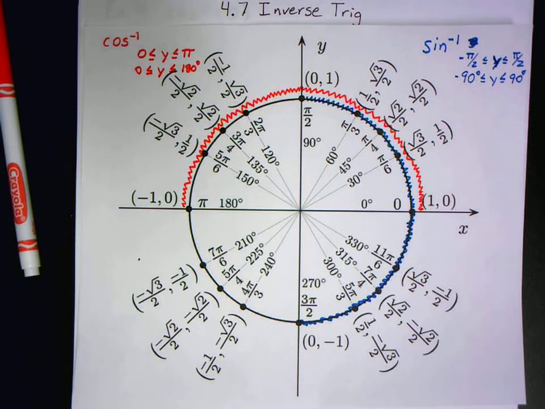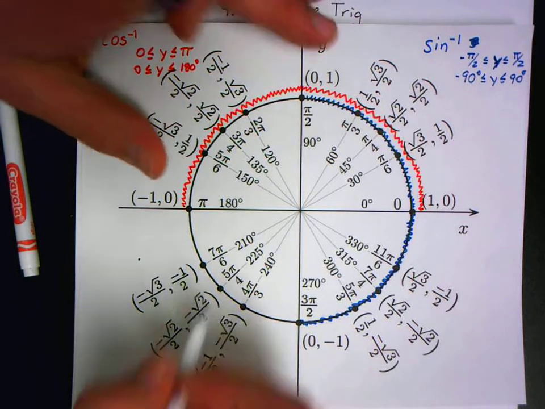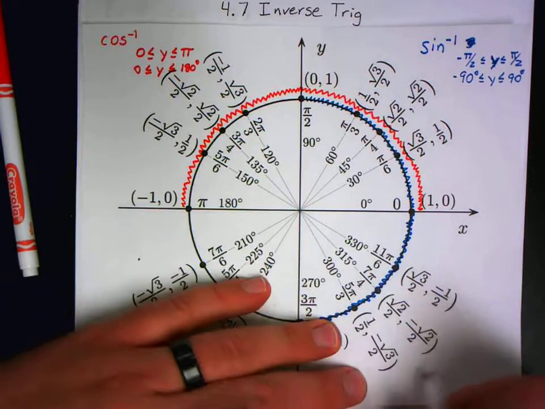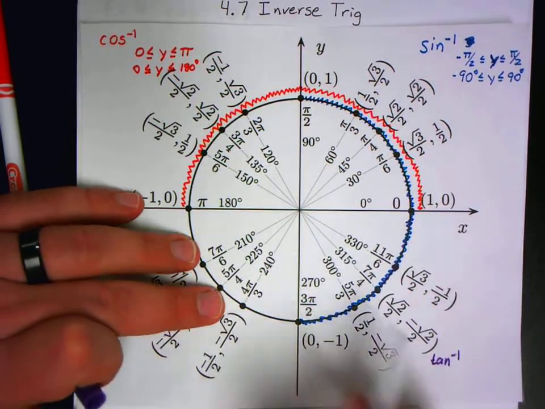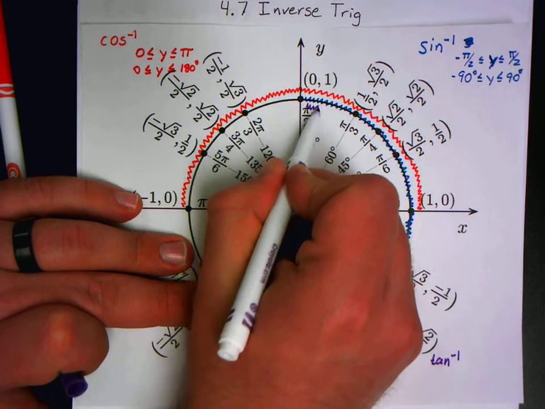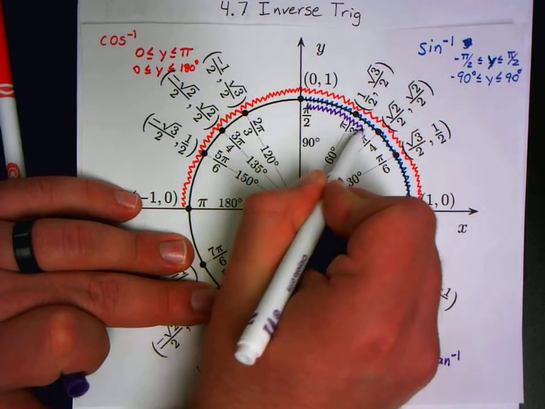So tangent would work in either one of those situations, right? Because tangent is y divided by x. In some place long ago, someone decided tangent is going to be defined in the same area as y is, or sine is defined.